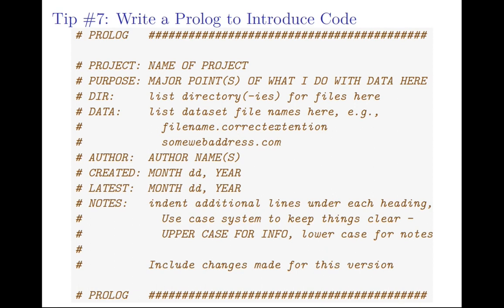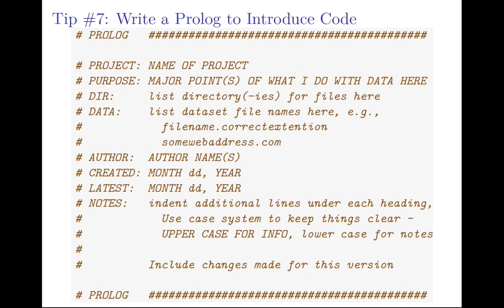And one thing I think that is really helpful when you're thinking about your code is to always try to write a prologue of some kind to introduce what you're doing. So just include this at the top of your code. It's all commented out, so none of it will be run, of course, but you can include your project name, the purpose, any directories you might be using so you can find your data again when you move your folders around.